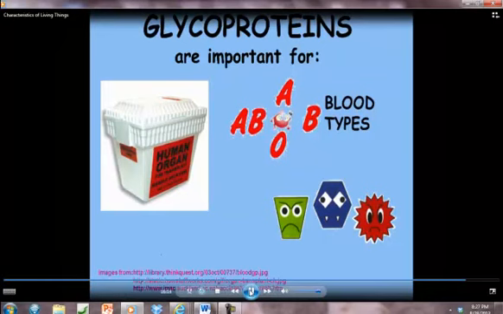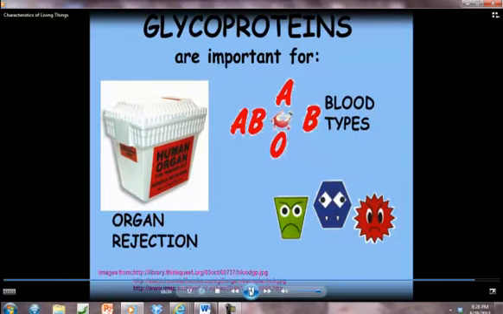It's important in organ transplants. If you think about a transplant, if you're going to get a new liver or a heart transplant, the first thing they do before they do the transplant is they got to find you a donor match. And what they're looking for is a donor that has glycoproteins that are similar to you.